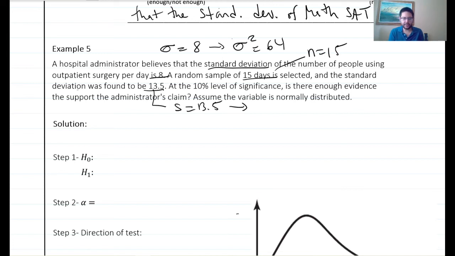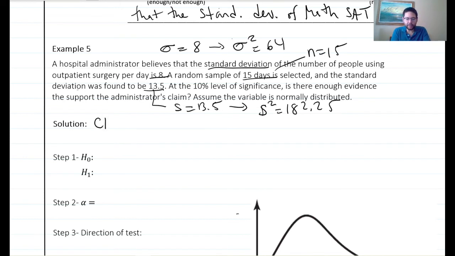When we do that, we get 182.25 for S squared. Okay, so that's my sample variance, S squared. We're going to need that later.